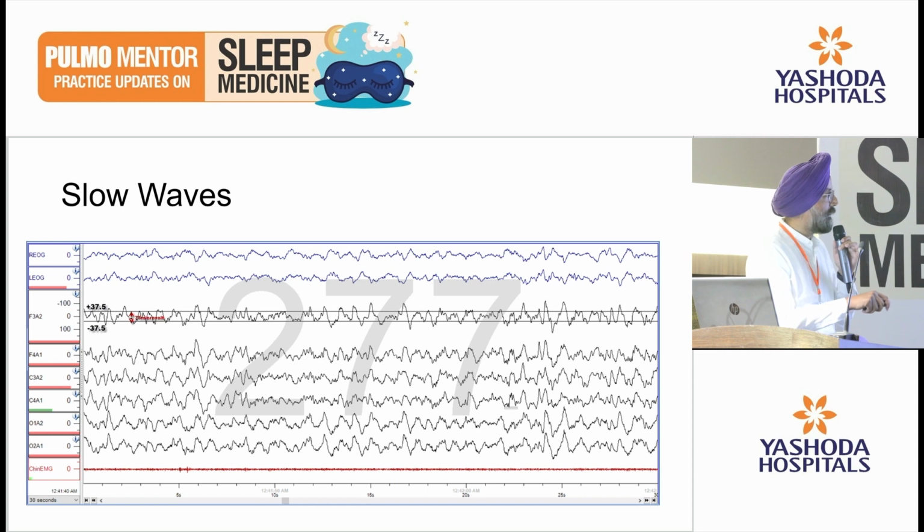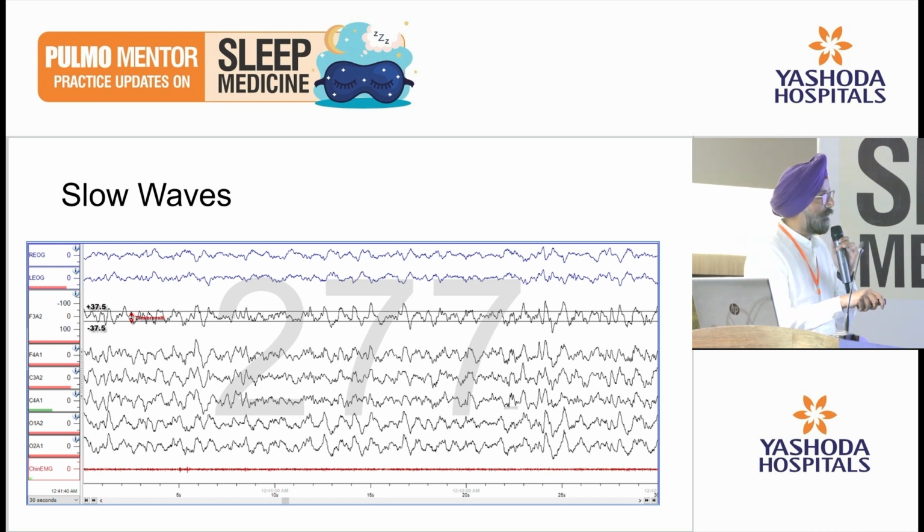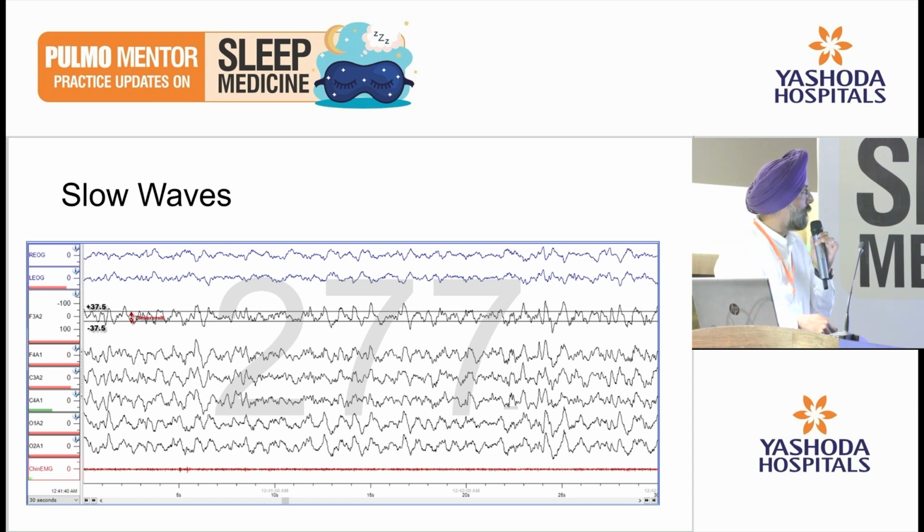Then you can draw reference lines in the software. Most commercial software allows you to do that. Any wave that crosses or touches both lines has an amplitude of 75 microvolts. So all these waveforms crossing both the red lines have an amplitude of 75 microvolts. These are the slow waveforms.